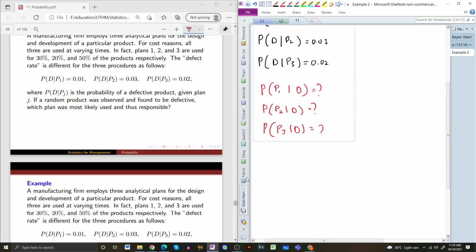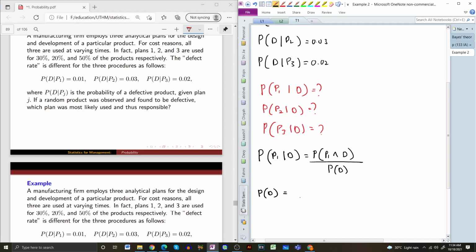So for me to find this one, okay, let me use this color, P1 given D, this one. I need to find PD. But what is PD?